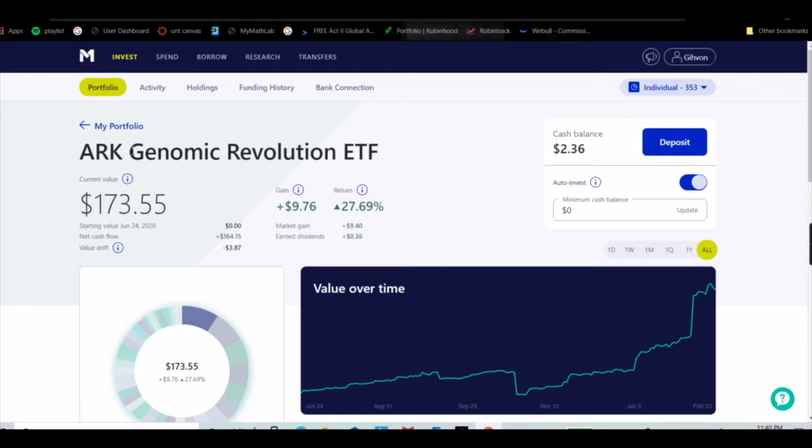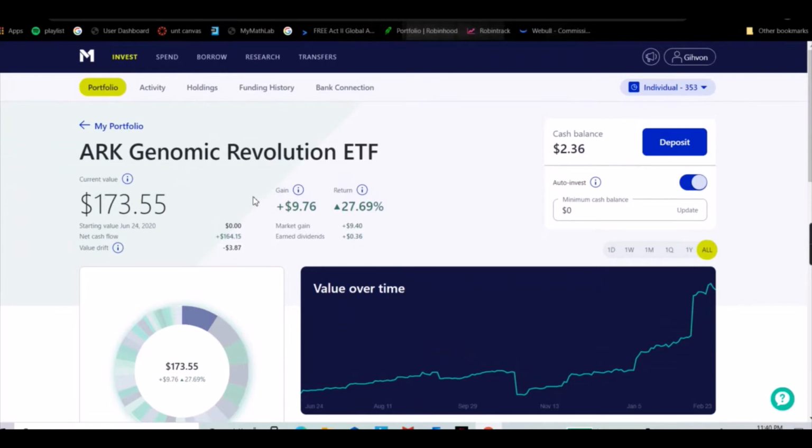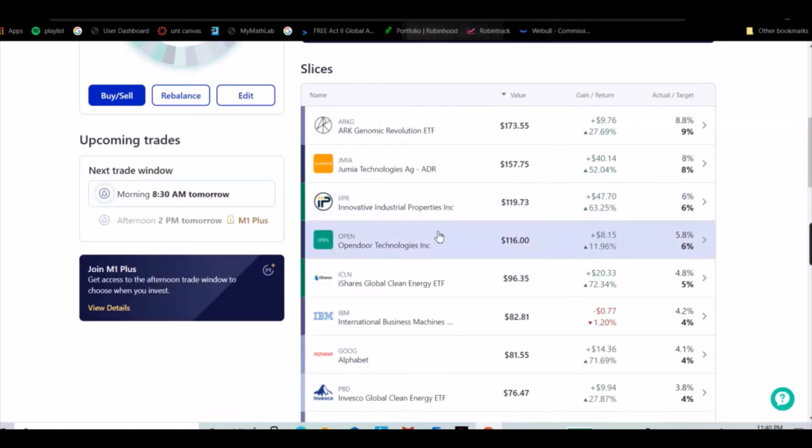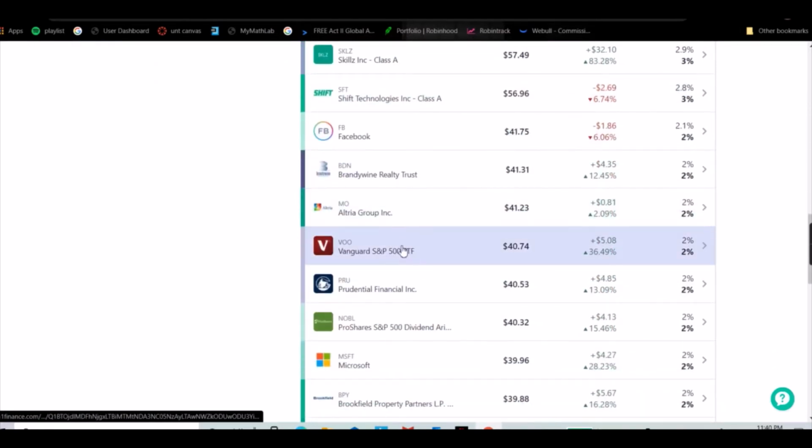So think gene editing and other things like that. I personally think that this is going to be the future of medicine. So I have put a good portion of my money into this stock. Not this stock, into this ETF. However, I'm not saying that you should do that. However, that is an example of an ETF.